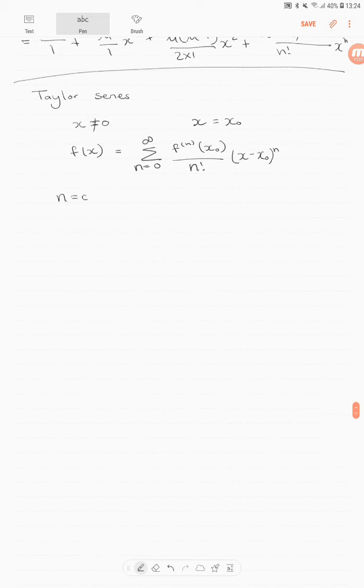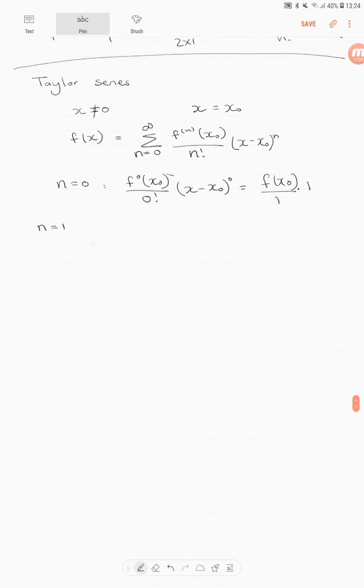So if n is equal to 0, what does this function become? It's f at x0 over 0 factorial times (x minus x0) to the power of 0. So remember, this simplifies to f of x0 over 1, times anything to the power 0 is 1.